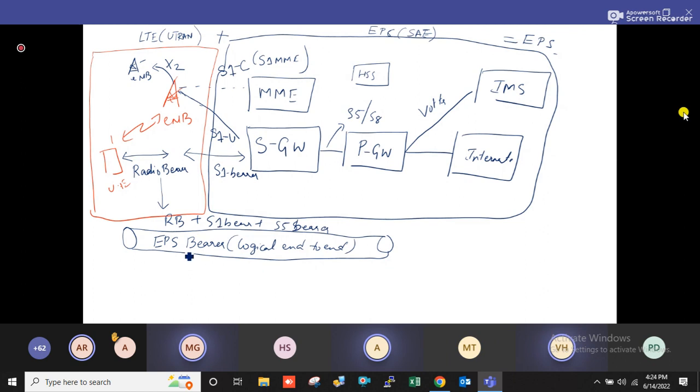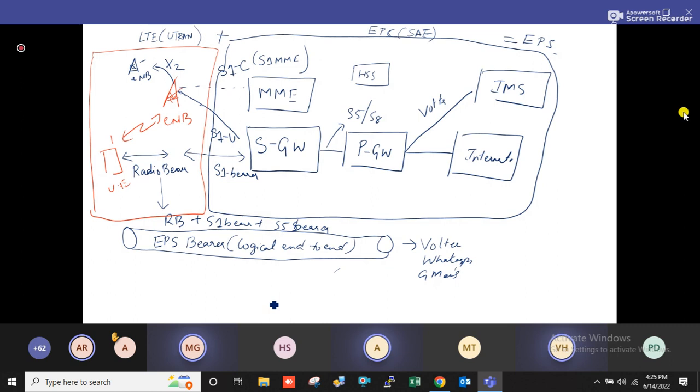Okay. So only when I do this bearer connection can you make any sort of transaction with the network. So whenever I'm doing a transaction, let's say if I'm doing a VoLTE call, if I'm doing WhatsApp, or let's say I'm checking my Gmail, for everything I need to have an end-to-end connection.